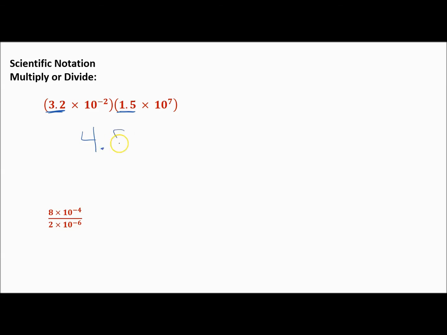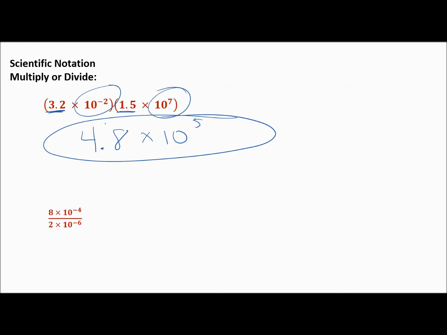So that's 4.8. And then I multiply my 10 to the negative 2 times my 10 to the 7th. Now we know how to do that, right? If you multiply the same base, okay, you keep the base, so times 10, and you add the exponents. Negative 2 plus 7 is to the 5th. So that is 4.8 times 10 to the 5th.